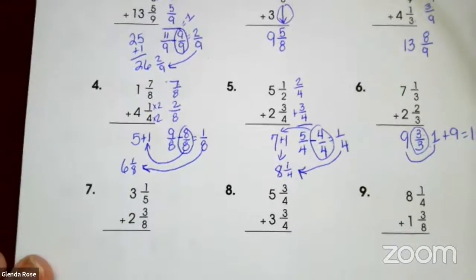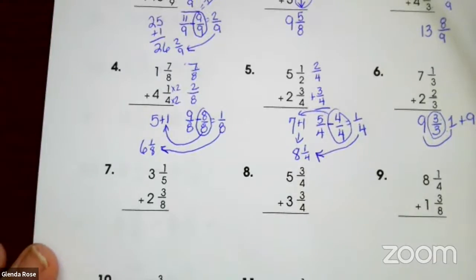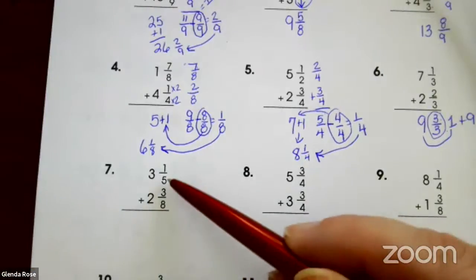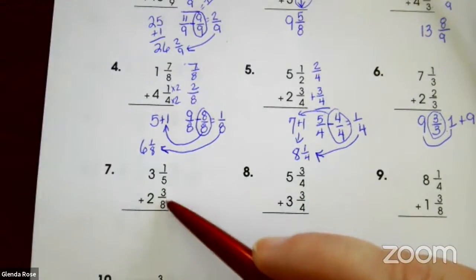So looking at number 7 here, the first thing we do is check the denominators, and they are different. So I have to find the least common denominator.